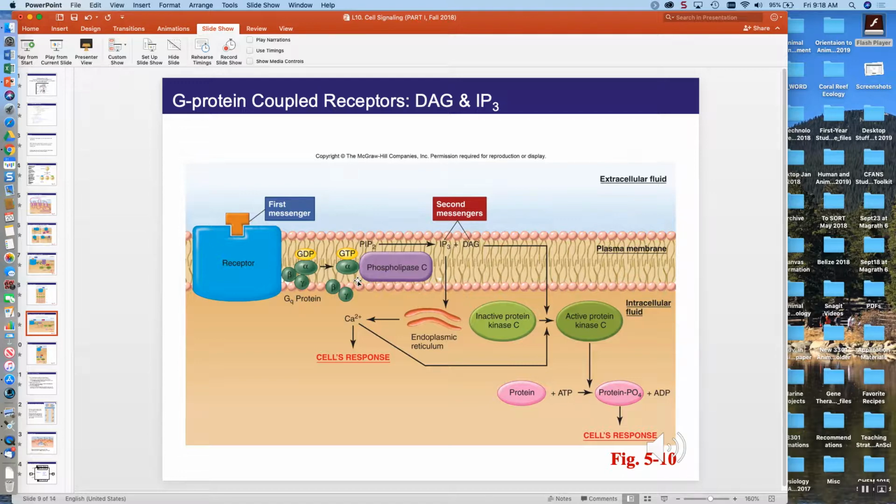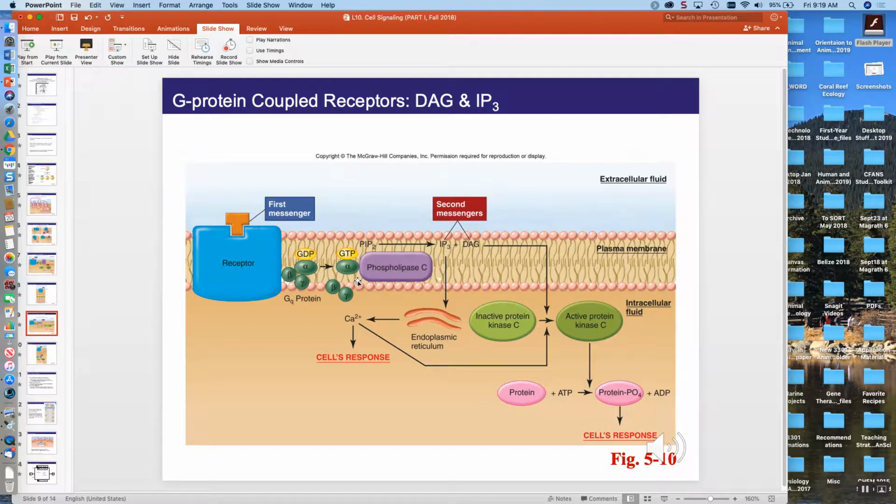In this case, the alpha subunit then migrates over to an enzyme called phospholipase C. It is an enzyme that converts PIP2.